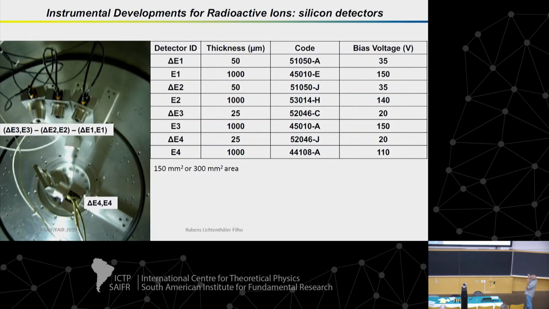These are the detectors that we use, silicon detectors, as I said. The delta-E detectors are very thin, 50 microns or 25 microns, and the E detectors are thick, about 1,000 microns. The areas of the detectors range between 150 and 300 square millimeters.